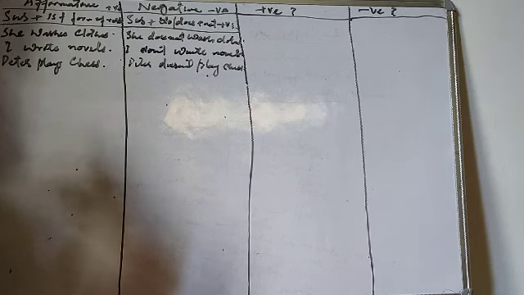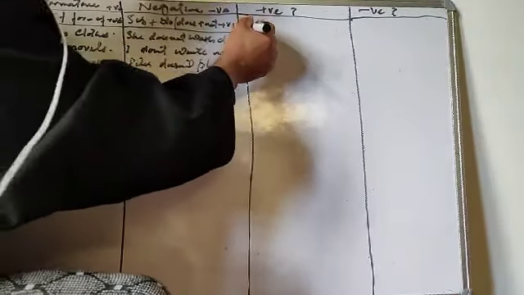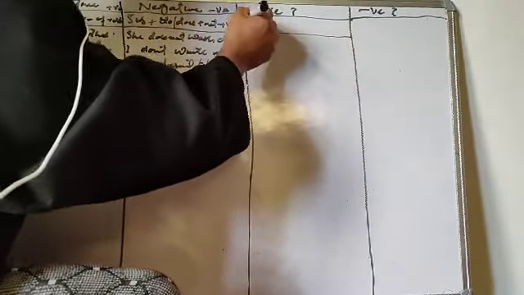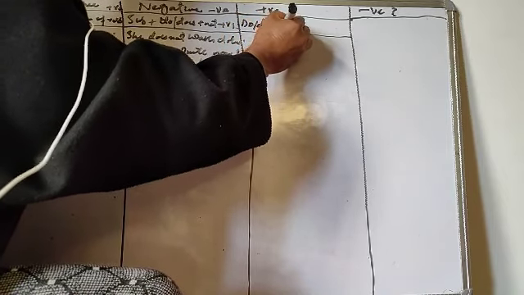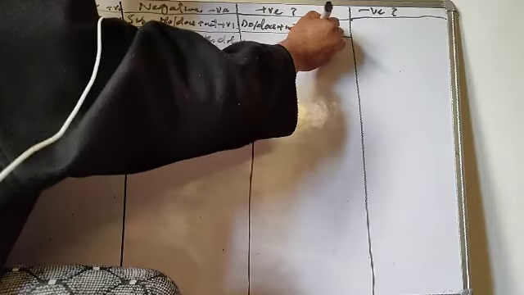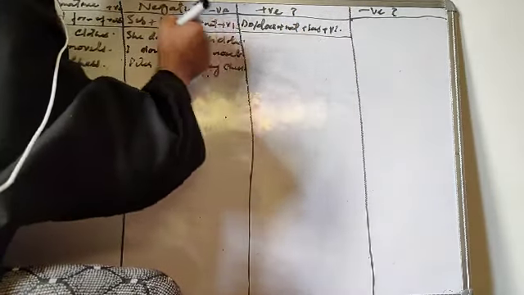Okay, how can we make an interrogative sentence? If someone asks us to make an interrogative sentence of she washes clothes, there is a formula you have to remember.